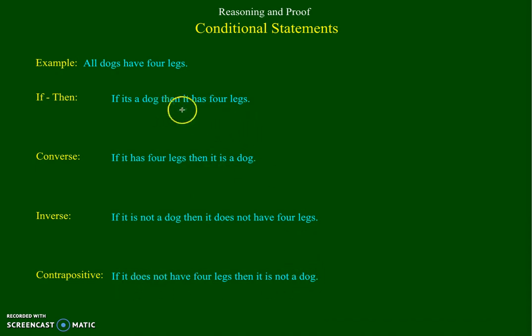The way I form these is knowing that I have to swap. I just look at this and say, okay, my first piece is going to be this, and I have to negate it. So if it doesn't have 4 legs, that's what I write first, then it's not a dog, and I write that second. That's the easiest way for me. Come up with a method that you're comfortable with, and you're good to go.